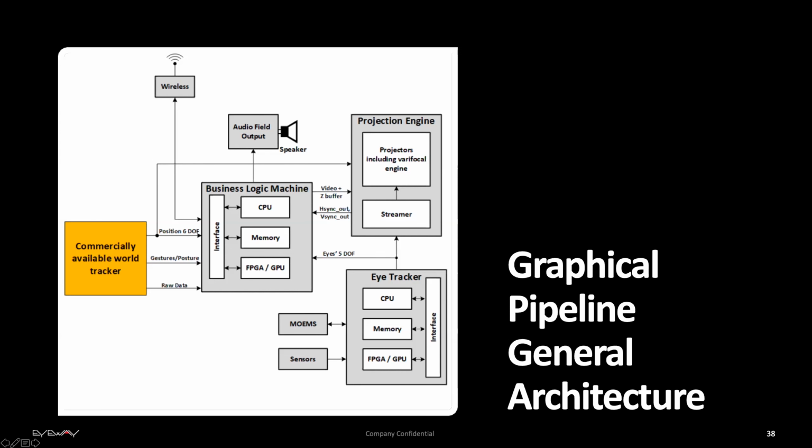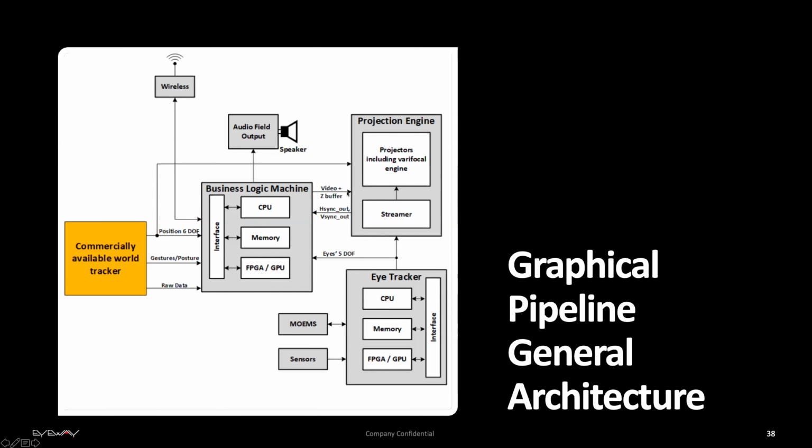But basically, we are synchronized to the projectors with horizontal and vertical sync. So we send data specifically for each projector in the most efficient way for that specific projector. And then we are also sending the video data.